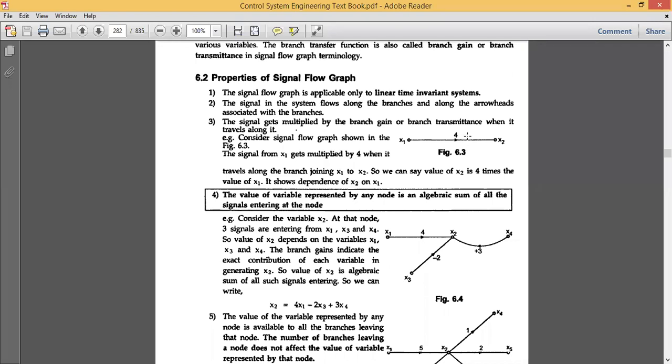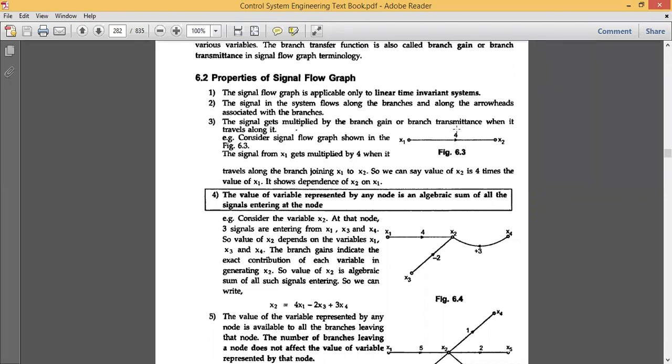First you need to know what a branch is. A branch is the line joining two points, and this branch has a number, 4, which is the gain.